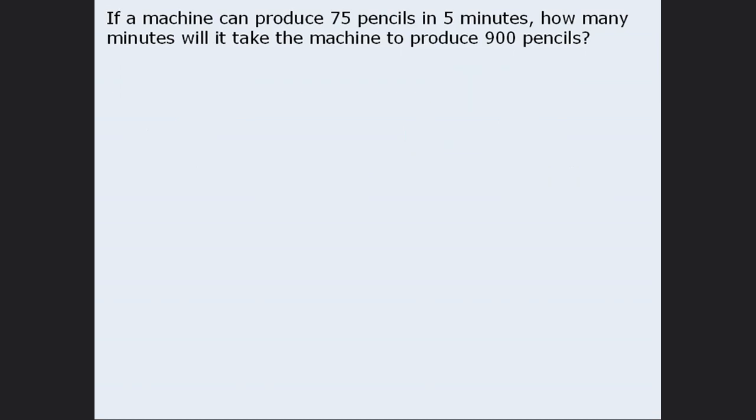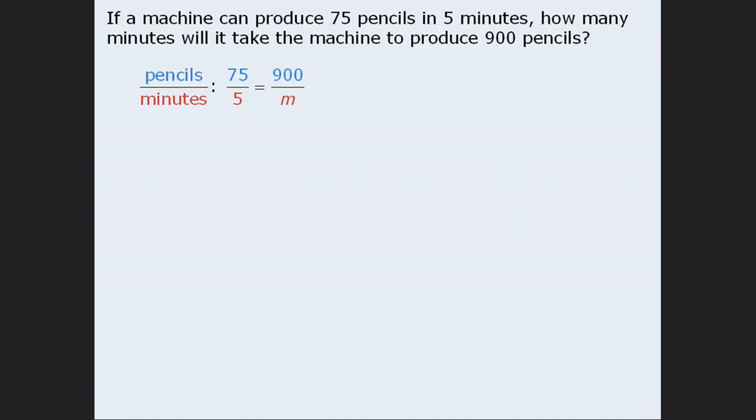Let's see how. In this question, we are comparing the number of pencils produced to the number of minutes it takes to make them. The question tells us that for every 75 pencils made, 5 minutes elapses. Assuming that the rate of production remains the same, this ratio will equal the ratio of 900 pencils to some unknown time, m.